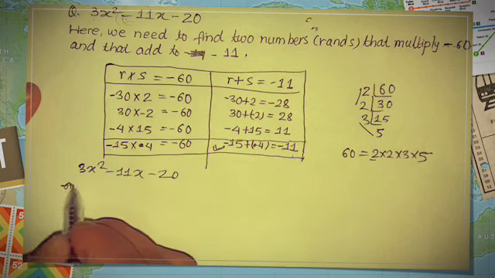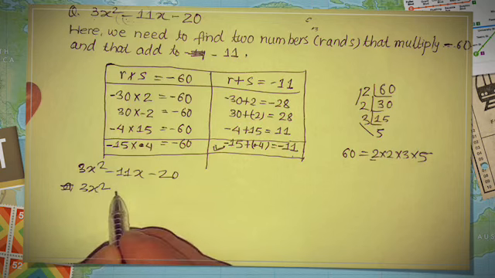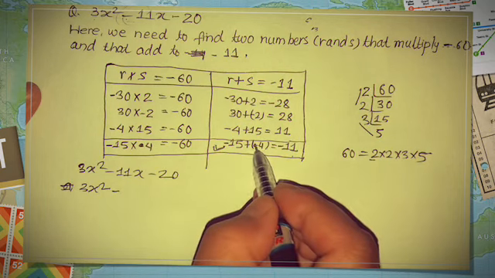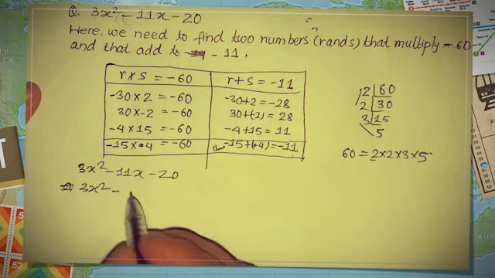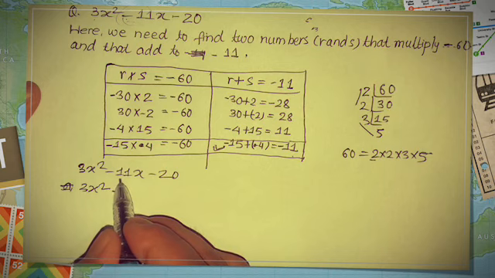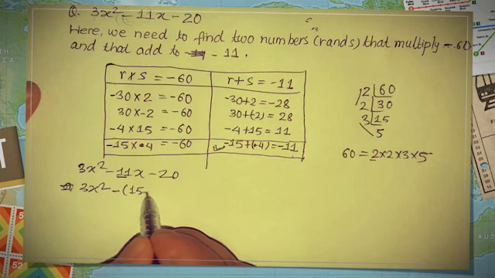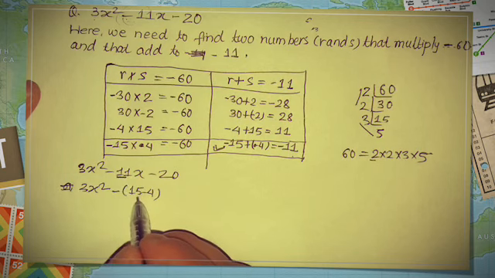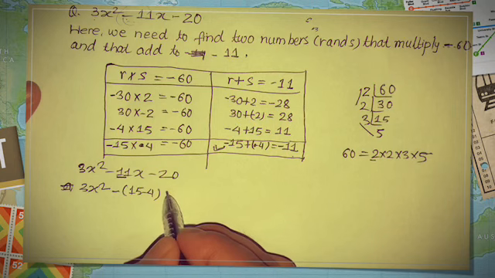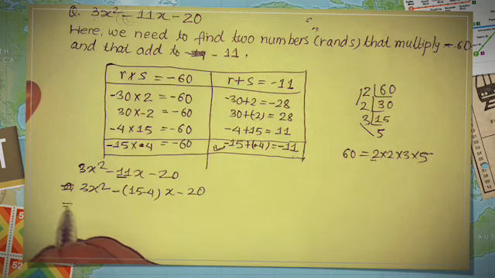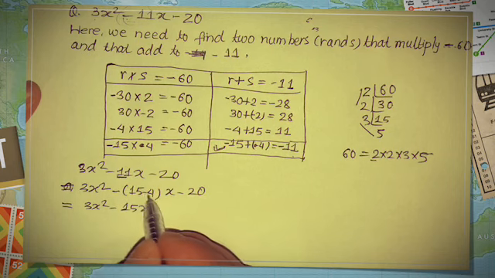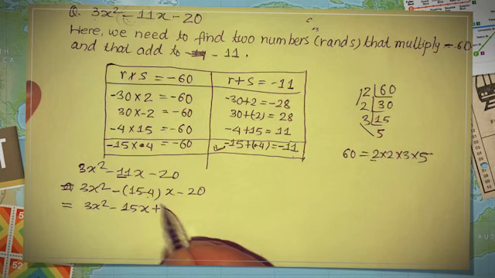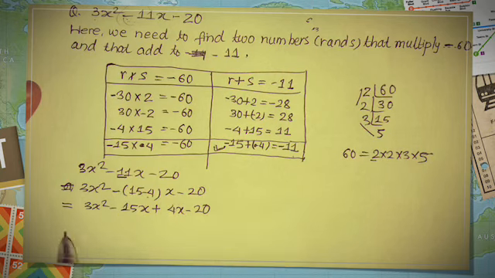So in place of minus 11 we can write here minus 15 plus 4. Okay, and another way, in place of 11 we can write here 15 minus 4 also. Yes, so 11 means 15 minus 4, x minus 20. So this is 3x squared minus 15x, and minus it makes plus, so it is 4x minus 20.